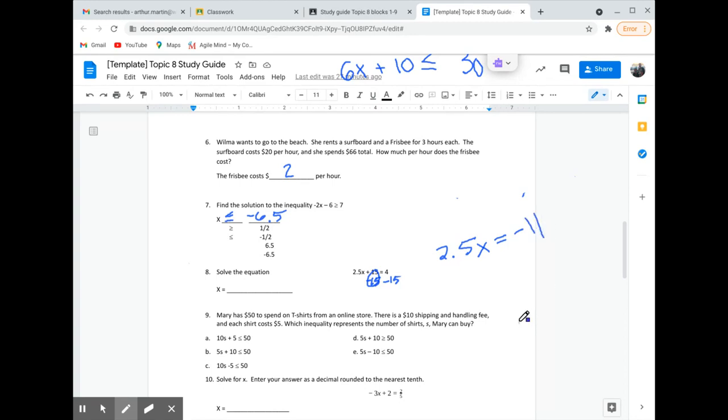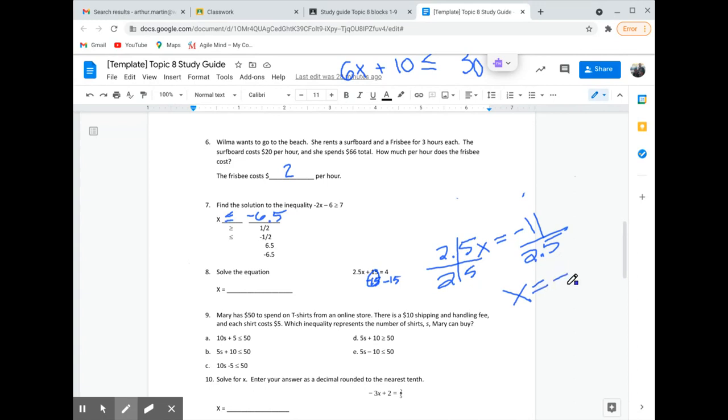And then how would we solve? Divide. That's right. We're going to divide by 2.5. So what is x going to be? Is it going to be positive or negative?